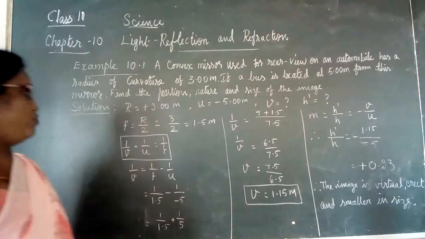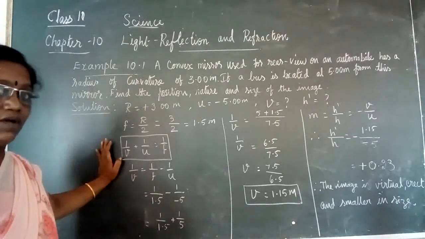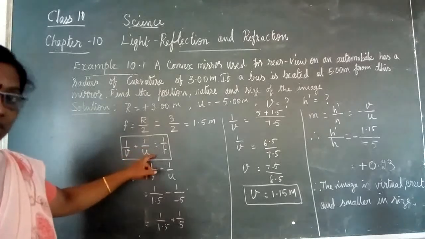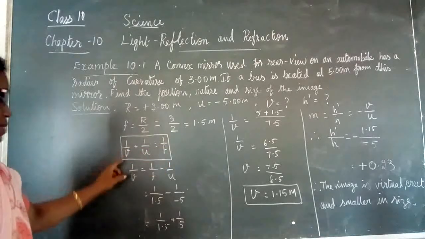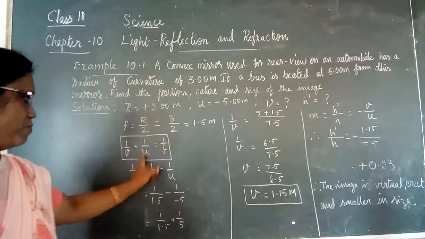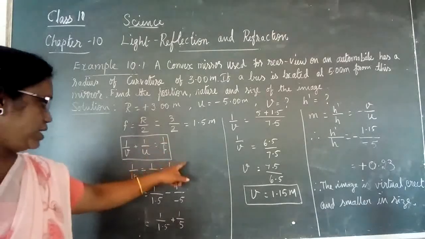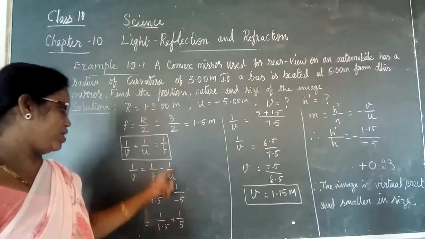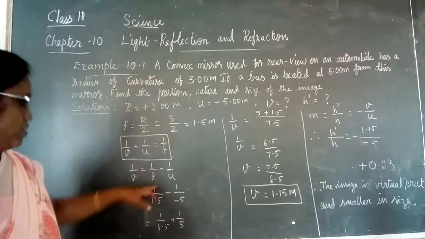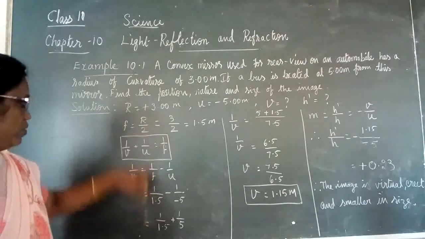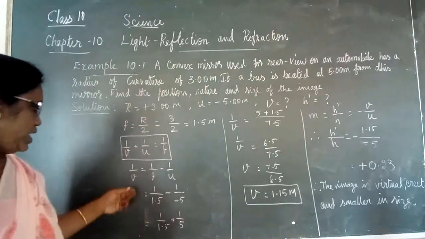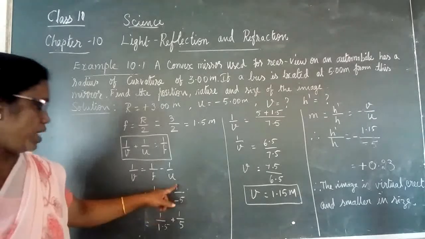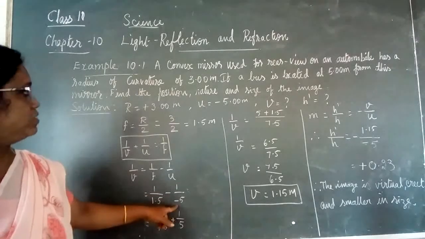Next, to find v, we have to use the mirror formula: 1 by v plus 1 by u is equal to 1 by f. 1 by v is equal to 1 by f minus 1 by u, because it becomes minus when it goes to the other side of the equation. And f we know is 1.5 meters. So we write 1 divided by 1.5 minus 1 by minus 5. Why are we writing minus 5?